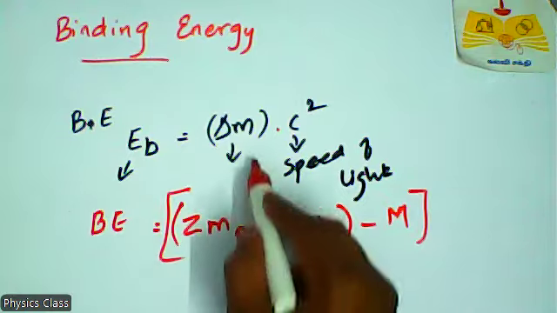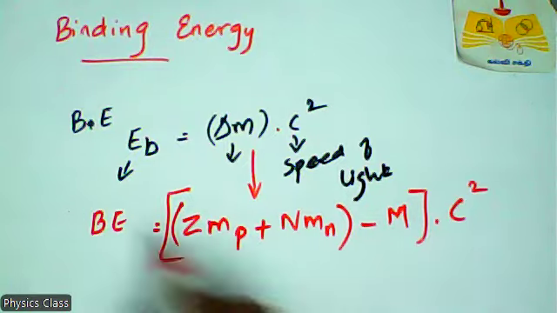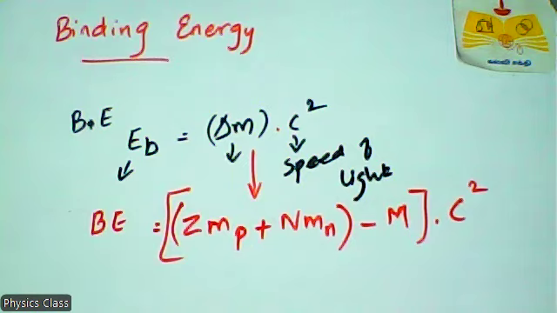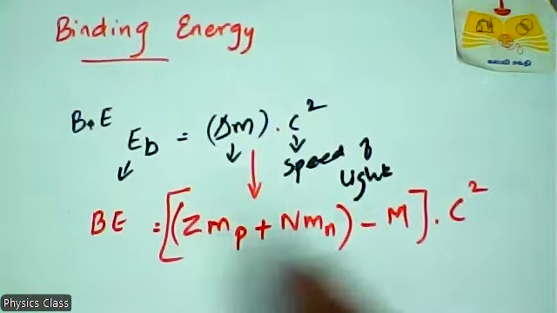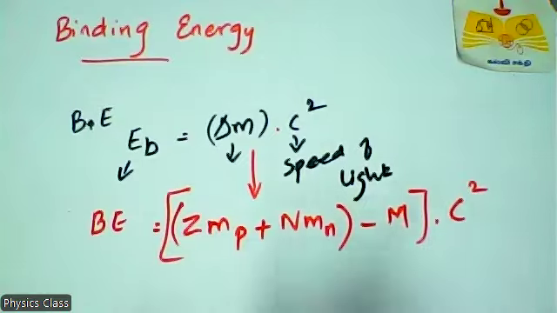This is the equation for binding energy. You know what Z, N, m and c are, and what binding energy is.